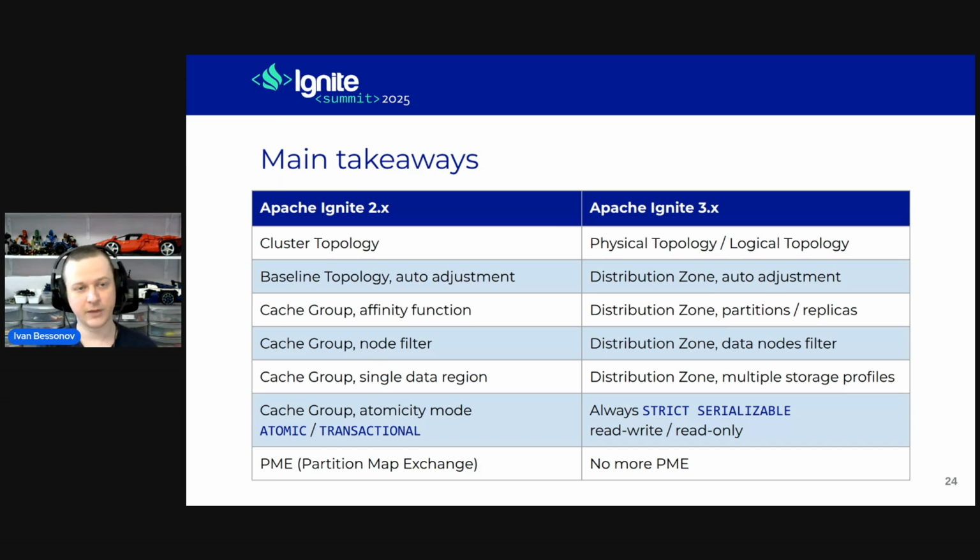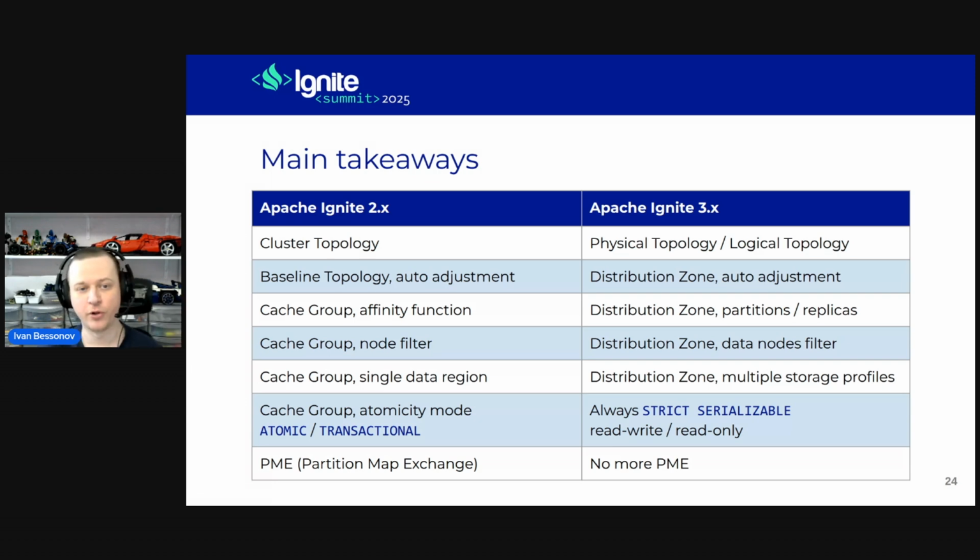Now that's about it. Let's reiterate what we have discussed today. The cluster topology in Ignite 2 is now split into the physical topology and logical topology. It allows for better monitoring of the cluster and generally makes more sense.